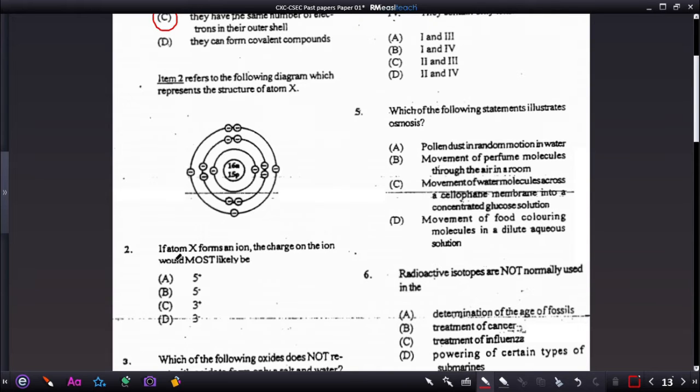So atom X will have to gain 3 electrons. Additionally, it would form the 3- ion. So the answer for question 2, which states that if atom X forms an ion, the charge on the ion would most likely be 3-.